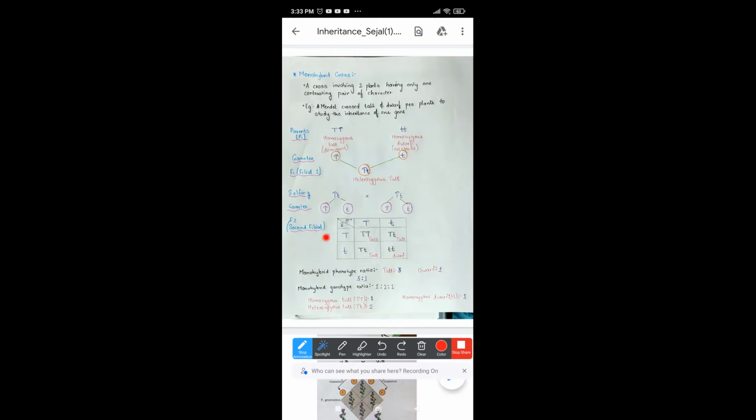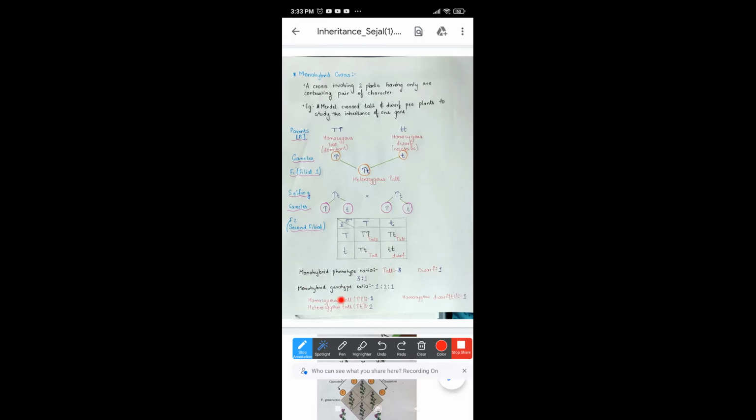Basically this is known as the second filial, F2 generation, or F2 progeny. The phenotypic ratio is now visibly seen. There are three tall plants, 1, 2, 3, and one single dwarf. Therefore the phenotypic ratio is 3:1.